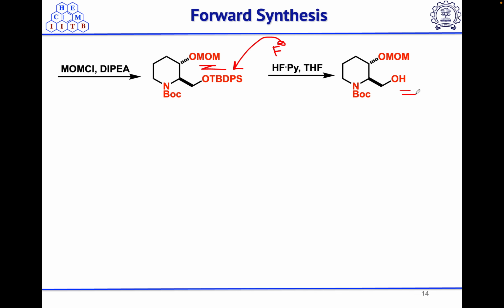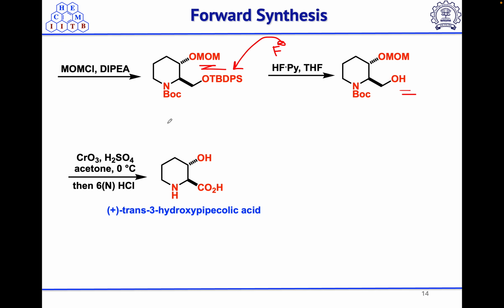Okay, so after getting this CH2OH, we have to do the oxidation of this primary alcohol under this condition to get this carboxylic acid, and then deprotection of N-Boc in 6 normal HCl. So in acidic condition, we'll get the Boc deprotected product as well as the oxidized primary alcohol, this carboxylic acid. So this is our target molecule.